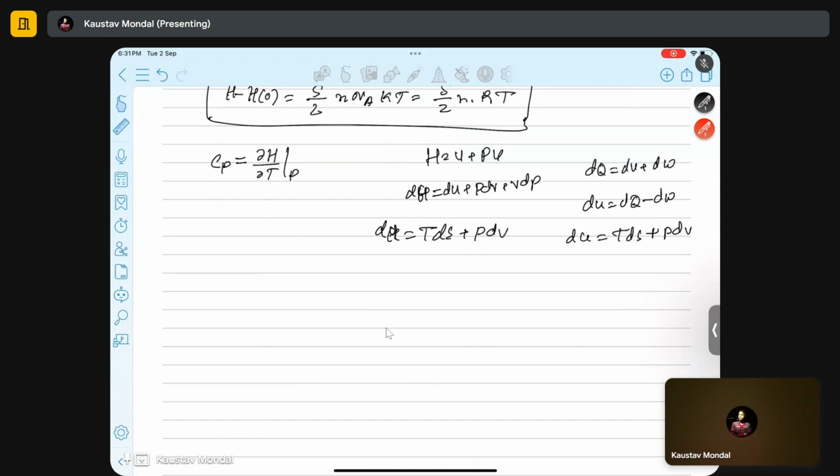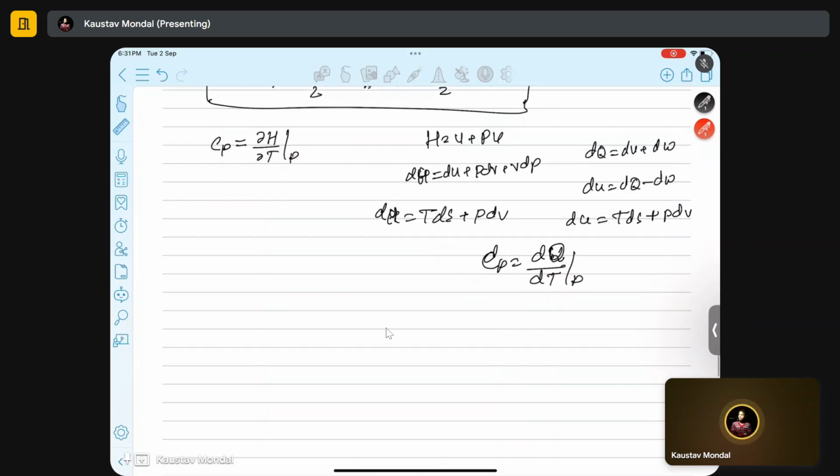Now that means the Cp is nothing but dq by dT at constant pressure, right?